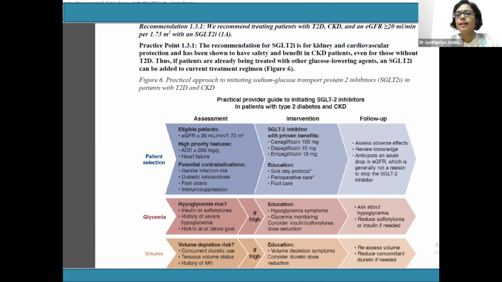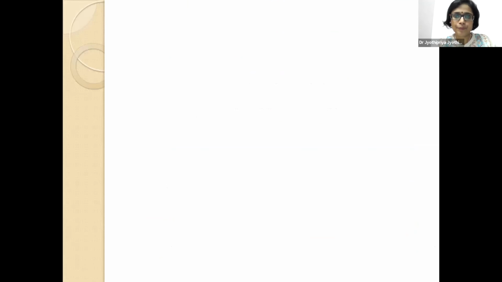So it's always better to warn the patient that a slight increase in creatinine is possible, up to 20 to 30%. We need not stop the drug even if that increase in creatinine is seen. Usually in another 2 to 3 months, this drop in eGFR will be compensated and will come back to normal.